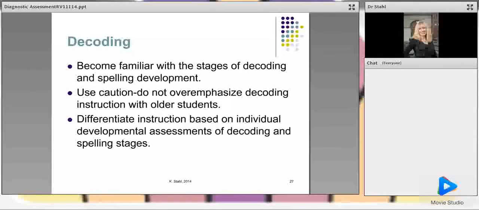Decoding. As teachers, one of the biggest pieces of advice that I would give you is to really make sure that you are familiar at a very intimate level with the stages of decoding and spelling development.